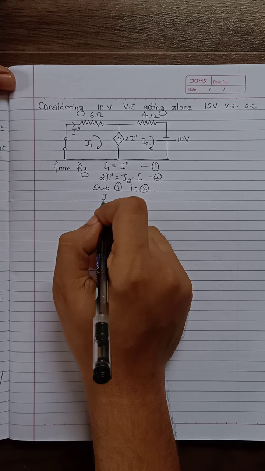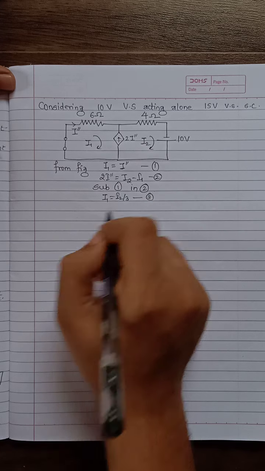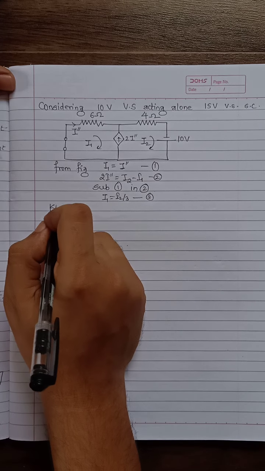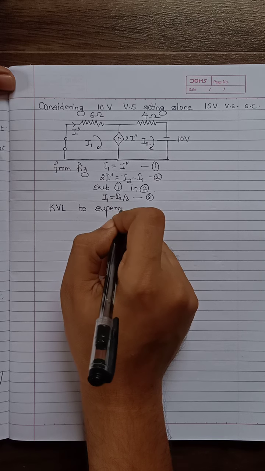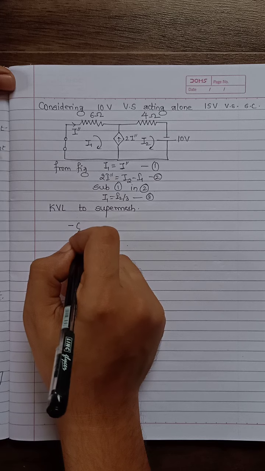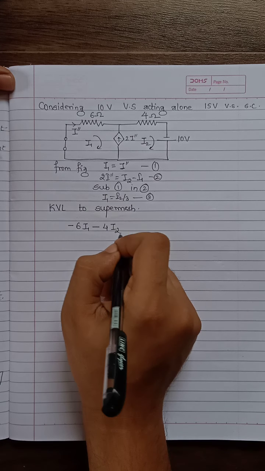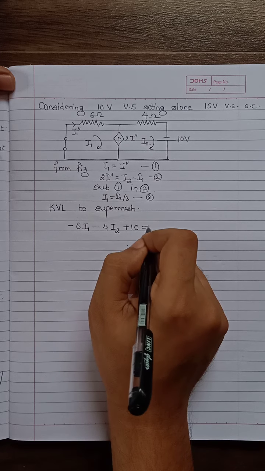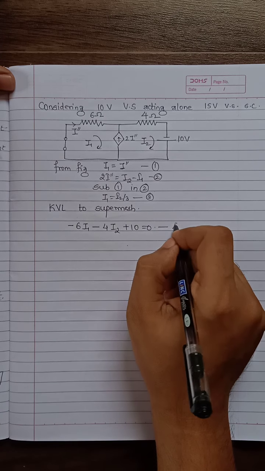So I will get I1 as I2 by 3. Call it equation number 3. Now I apply KVL to the super mesh. That will give me minus 6 I1 minus 4 I2 plus 10 is equal to 0. I am calling this equation 4.